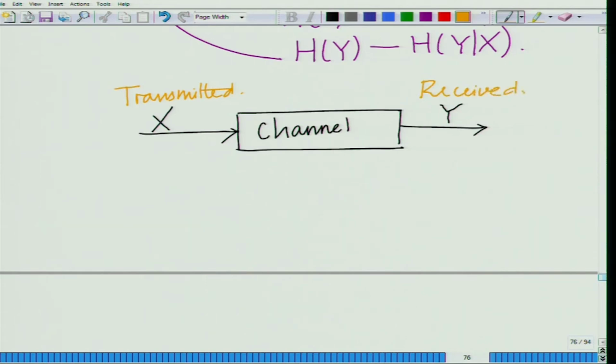Now, if you look at a communication scenario, our aim is, at the receiver, to receive the output symbols y and infer or make decisions regarding the transmitted symbol x. All right, from y we have to infer what are the symbols x that have been transmitted. Okay. So, that is the purpose of communication. Look at the outputs at the receiver, and infer about the inputs to the communication channel, or the transmitted symbols. Alright. So, I have to infer what has been transmitted by the transmitter.